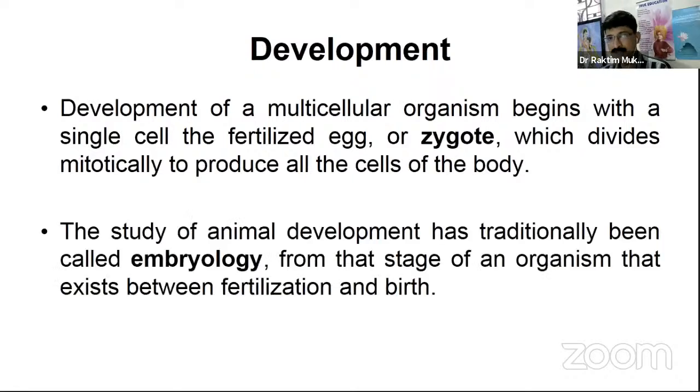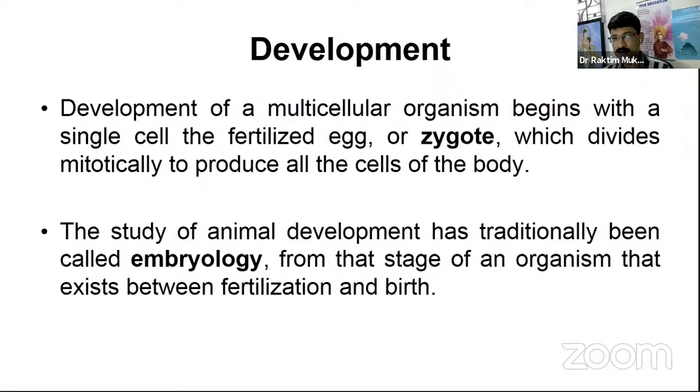The study of animal development has traditionally been called embryology, from the stage of an organism that exists between fertilization and birth. There is a lot of misconception, and many people use developmental biology and embryology as a common term. But why this subject is called developmental biology is very important to understand.